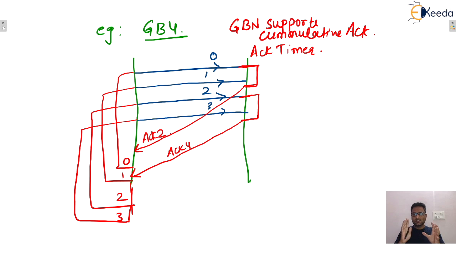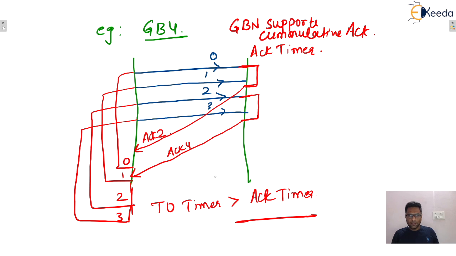So acknowledgement timers are not too small and not too big. The timeout timer, TO, is much greater than the acknowledgement timer. So with the help of acknowledgement timers, the concept of cumulative acknowledgement is supported. I hope this is clear to everyone. Okay, next one we'll see.